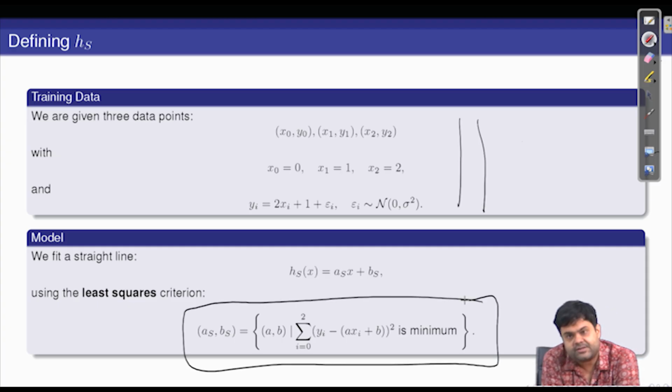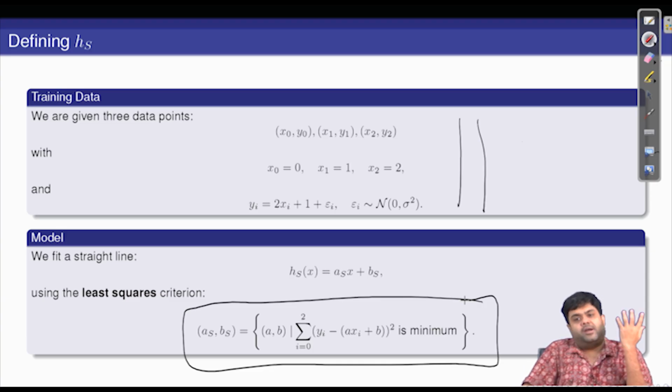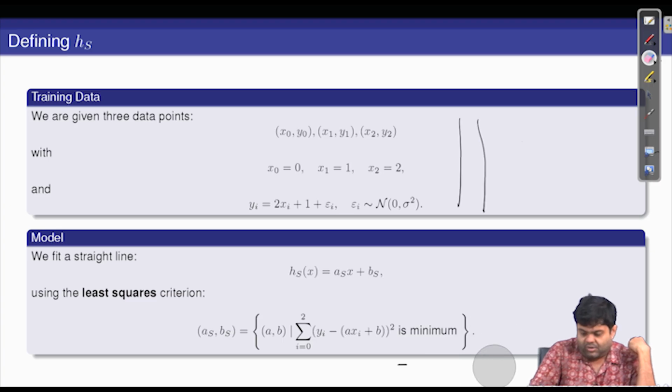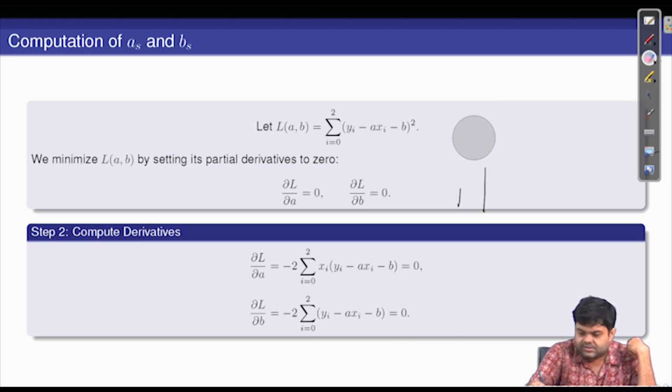You recall that in one class earlier we discussed this least square fitting, where for a fixed data this becomes a function of a and b. It's a 2 variable function. So you find the partial derivatives, put them to 0 and find the critical point, and taking the Hessian you can show that it's a minimum. So you can find the minimum value for this.